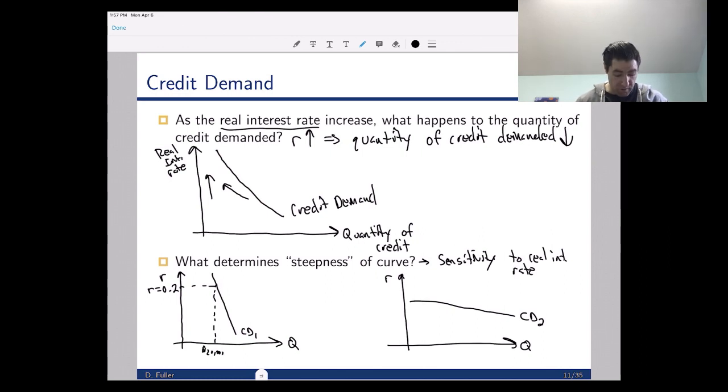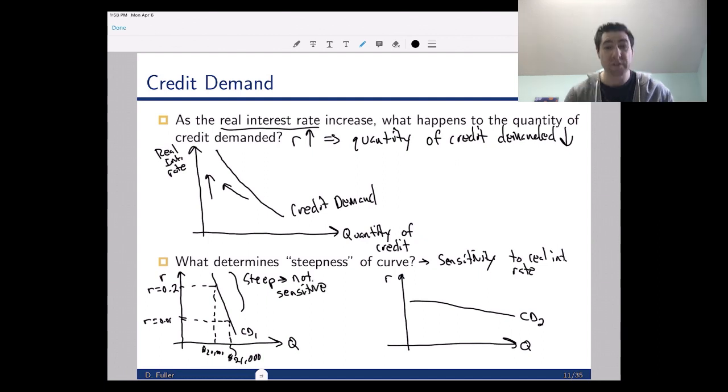And if that real interest rate goes way down to, let's say, 1%, there hasn't been a huge change in the quantity of credit demanded. So maybe we're up to 21,000. So when the curve is very steep, we're not sensitive.